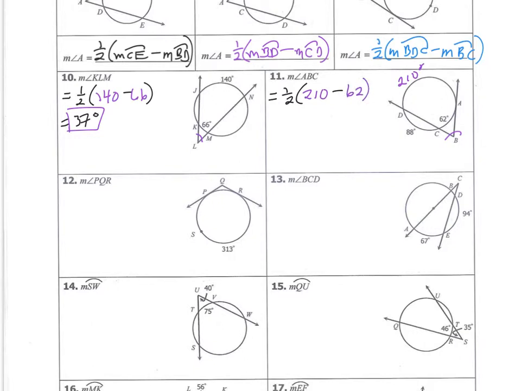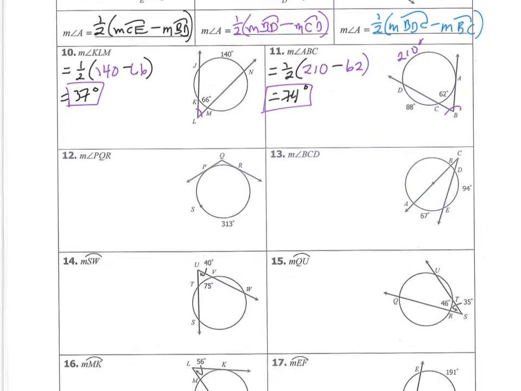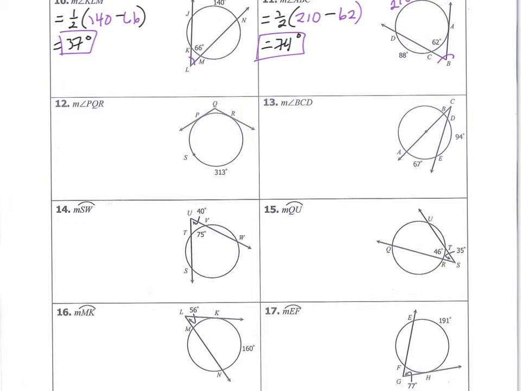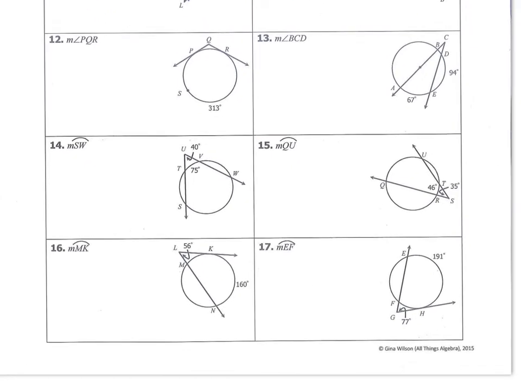So 210 minus 62 is 148, divided by 2. 74 degrees. Not so bad, right? Not so bad at all. Okay. Everybody okay? I'm good. All right, just want to make sure I wasn't moving ahead too quickly.